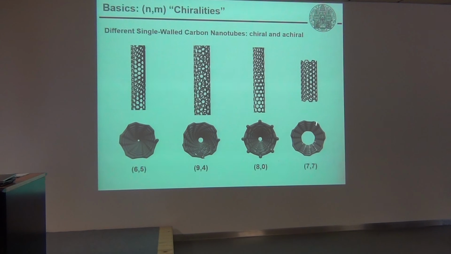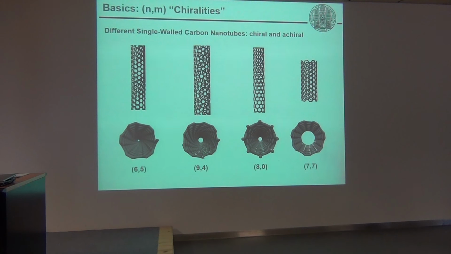There are actually two types. One of them is the zigzag nanotube, and one of them is the armchair nanotube, which are actually not chiral. They have a mirror plane. And then essentially all the other ones are chiral. And this leads to this slightly misleading, at least for chemists, very misleading nomenclature. Some people say these are different chiralities.